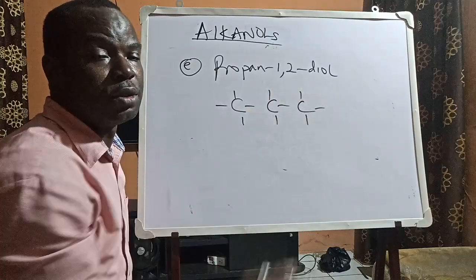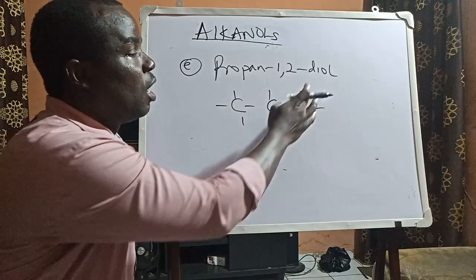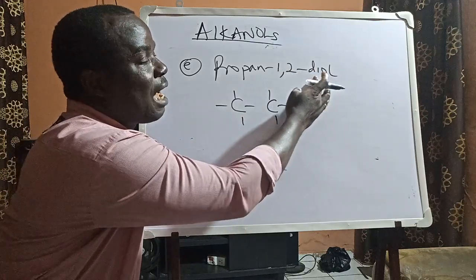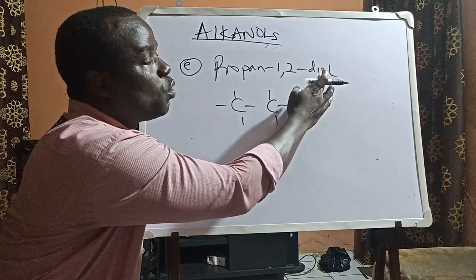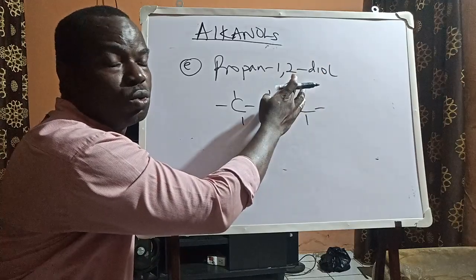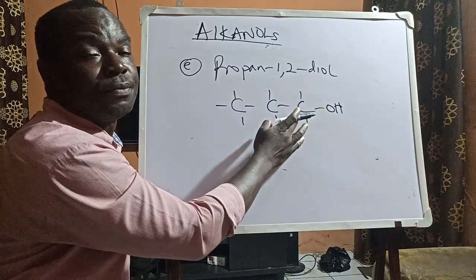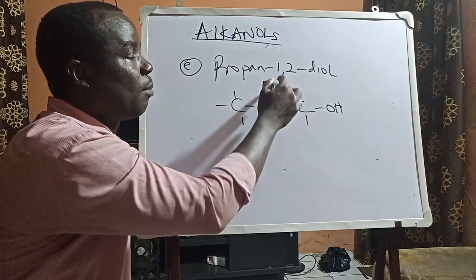You complete the bonds. Alright? Now, if you want to now do propan-1,2-diol, and this I have double OH here. And then the first one of the OH is on carbon number 1, another OH is on carbon number 2. So we now have, you put OH on carbon number 1, this is carbon number 1. Okay? You now put another OH on carbon number 2.